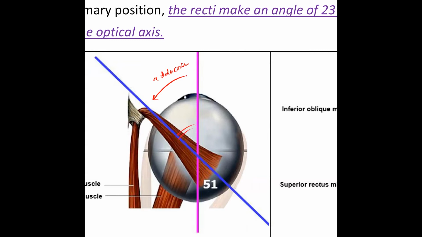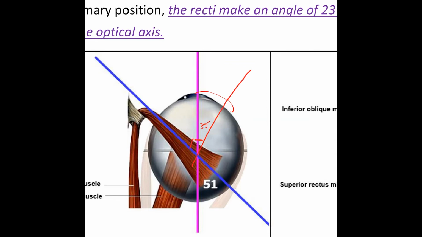In order to be perpendicular, I'll make the globe here like that, and the optical axis will be here. So I have to be perpendicular by 39 degrees.